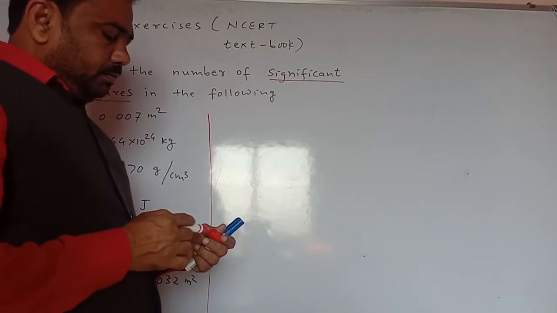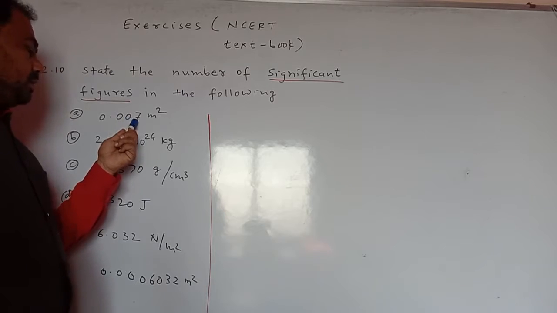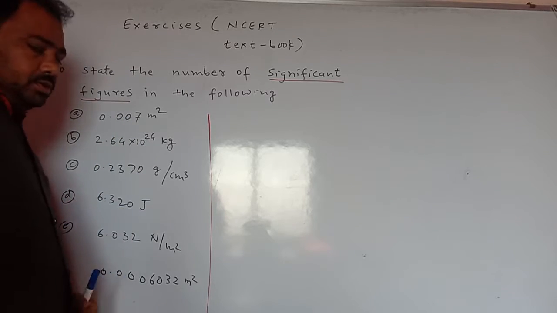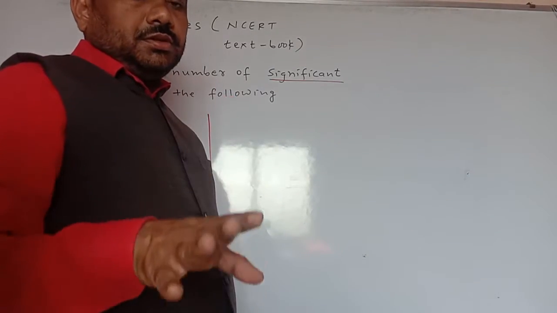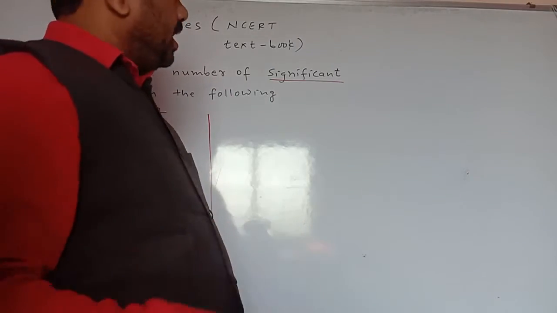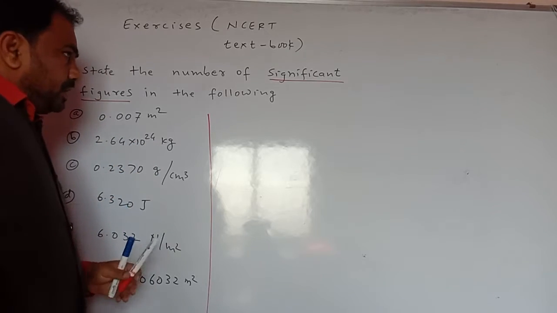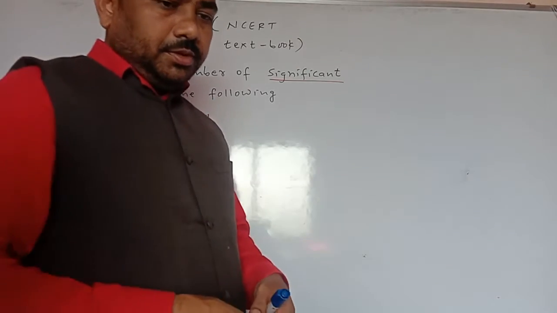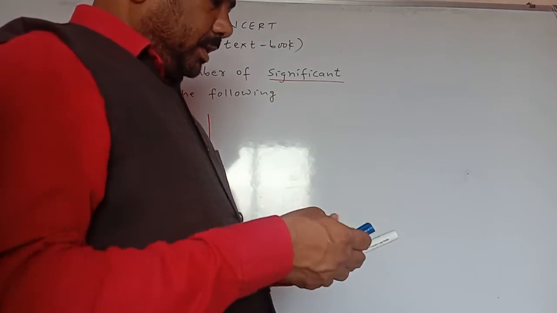To solve these problems, you should know all the 5 rules. Just concentrate on those 5 rules and try to solve the problems given in the NCERT textbook. So let us try to find significant figures.